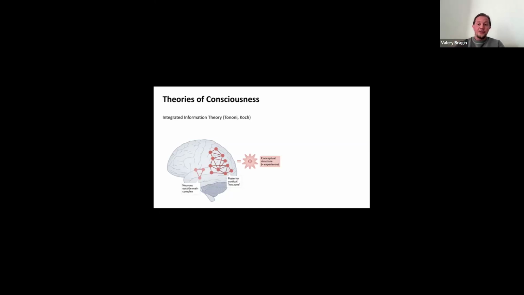So irreducible is a key word here, because it's tested by successively removing some intrinsic links within the system, or perturbing them, and measuring how it affects this cause-effect power. And roughly, the more integrated the system is, the more recursive it is, the higher the phi, so the more consciousness it has, at least, of course, in IIT's framework.